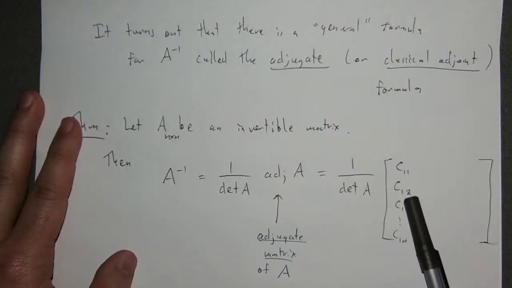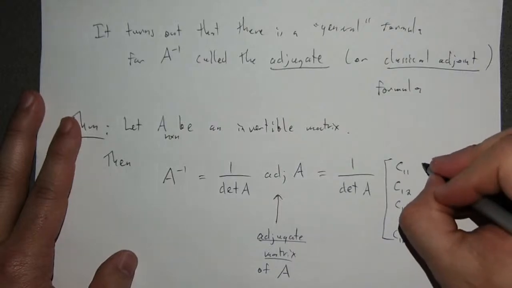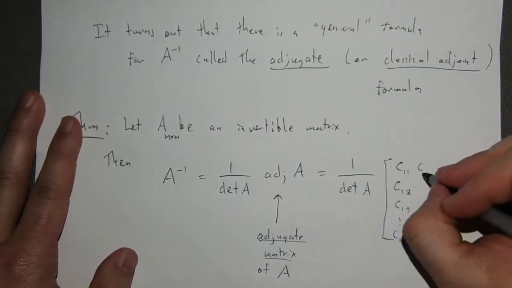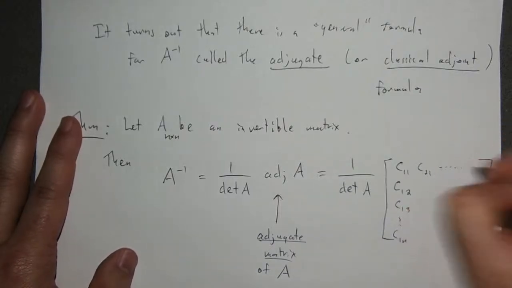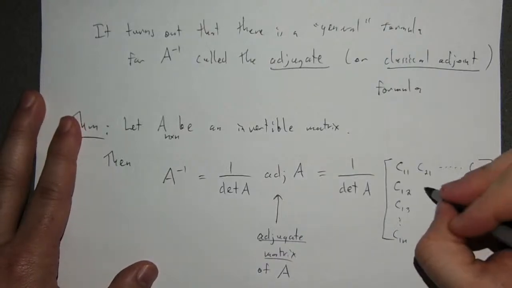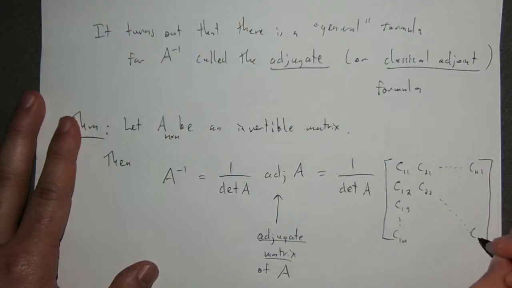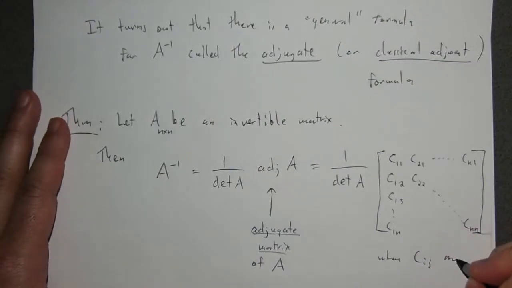Typically, the subscripts that you use to describe a matrix, this would be the second row, first column entry, but the subscripts are flipped here. So similarly, this would be the C21 entry all the way out to the Cn1 entry here. On the diagonal, things are kept the same. And so that's what I meant by transposed cofactors, where the C sub ij are the ij cofactors.